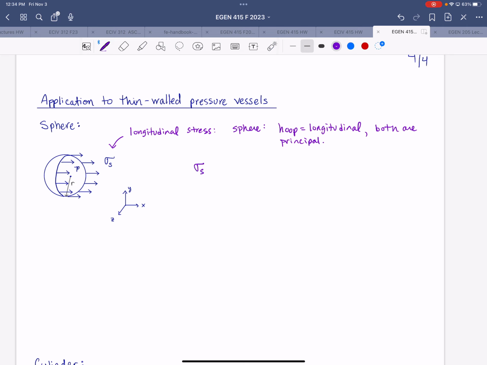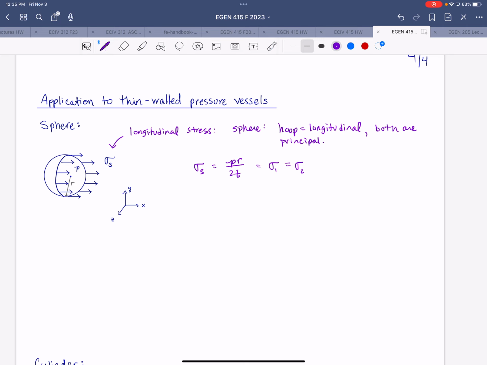So the normal stress, principal stress that we have, is equal to PR over 2T. And we're going to set that equal to both of our principal stresses in the plane of the material, right? So the third principal stress would be the out of plane direction with respect to the material, and that is going to be 0.